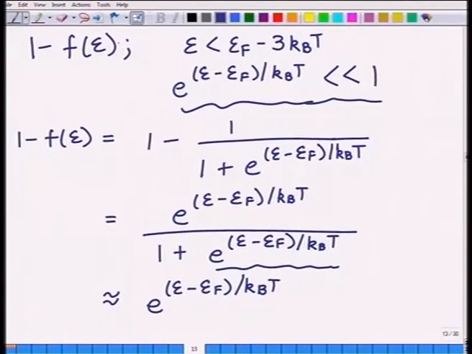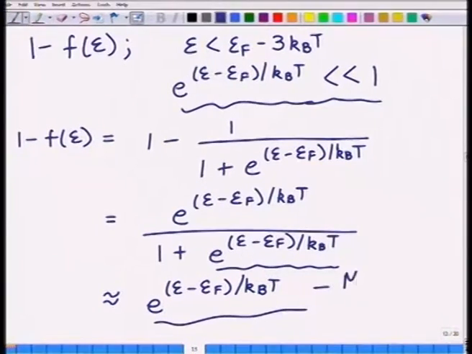And remember, this quantity is a negative quantity, since all E's are less than EF. So therefore, the quantity in the bracket is negative.